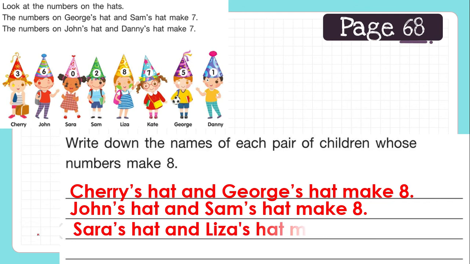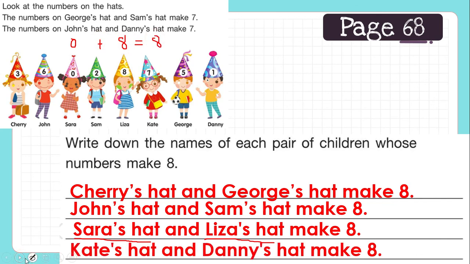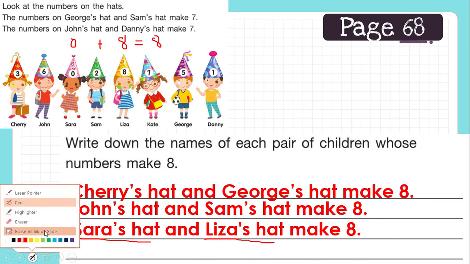Next, we have Sarah's hat and Lisa's hat makes 8. Okay, Sarah's hat and Lisa's hat. Where is Sarah? This one, 0 plus Lisa's 8 equals 8. So 8 plus 0 will always be the same. Okay.